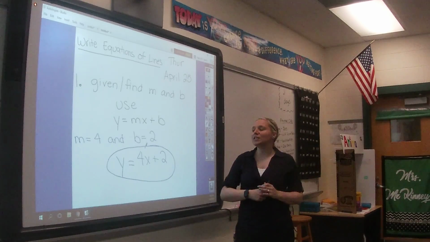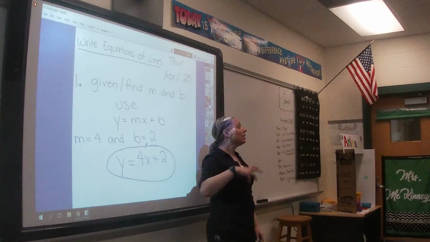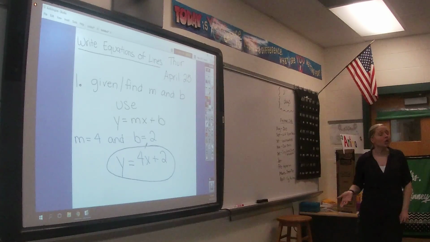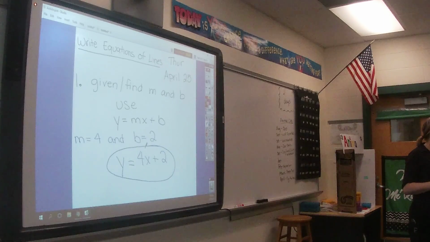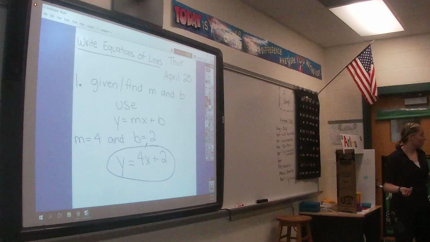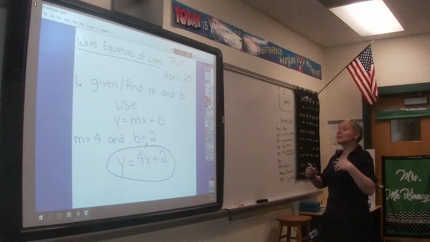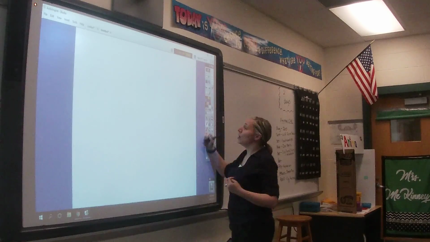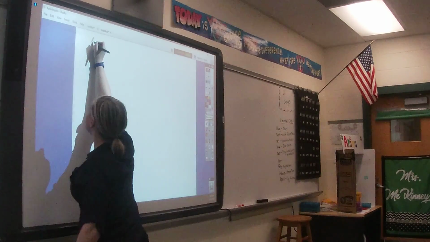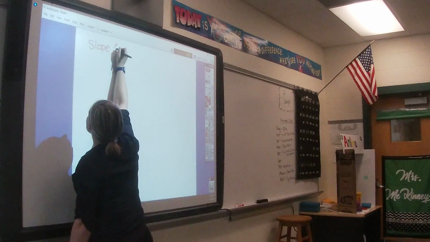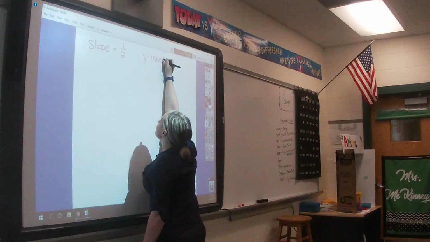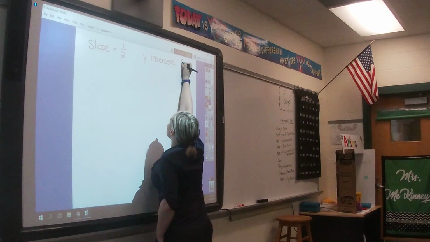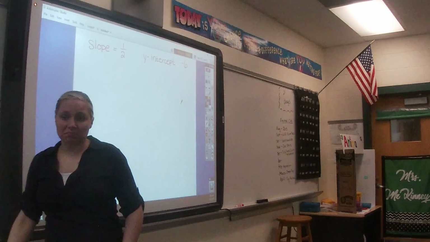So what if instead of it saying, write the equation of the line where m is 4 and b is 2, what word does m represent? What does m stand for? Slope. And what does b stand for? The y-intercept, right? So instead we might see something that says, write the equation of a line with a slope that's 1/2 and a y-intercept that's -6.